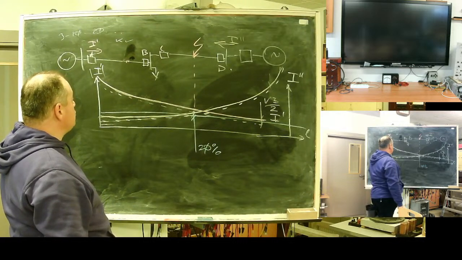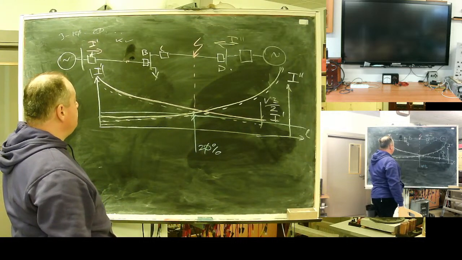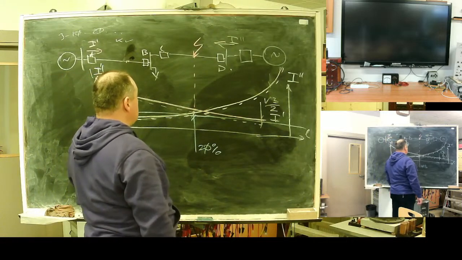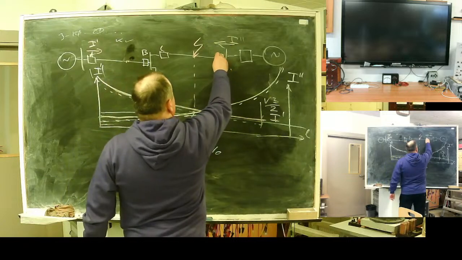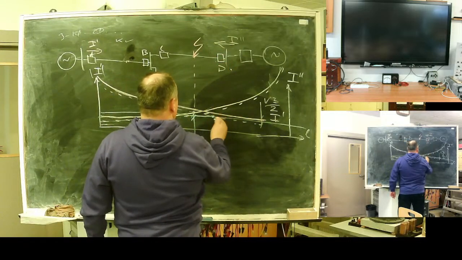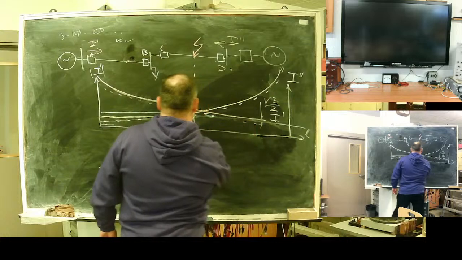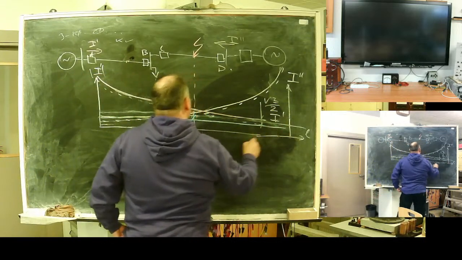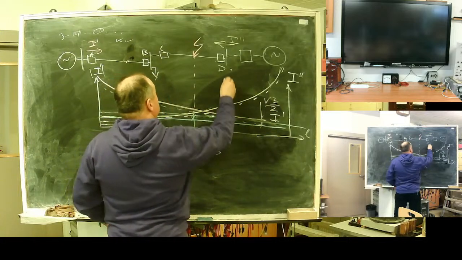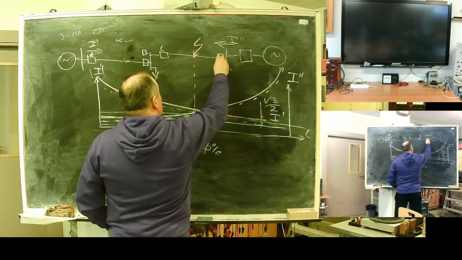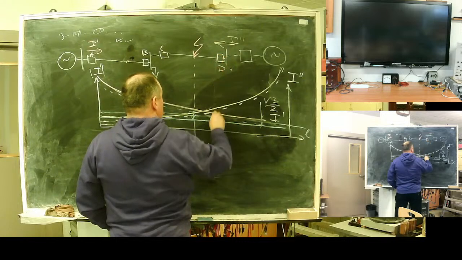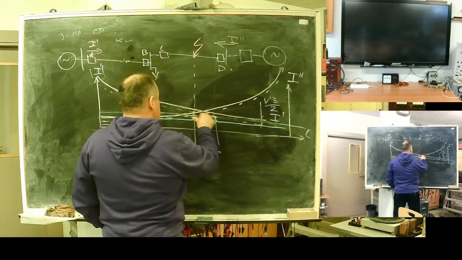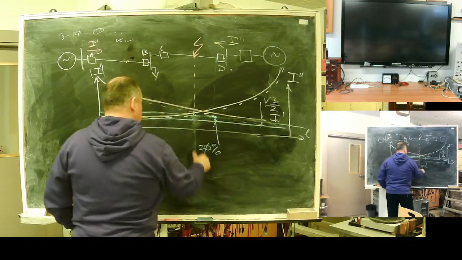So this relay should be sensitive. In reality, I need to take this point a bit lower. The relay should be sensitive to the minimal internal fault, and it's this one. It should be somewhere here. So this point is for 20%.